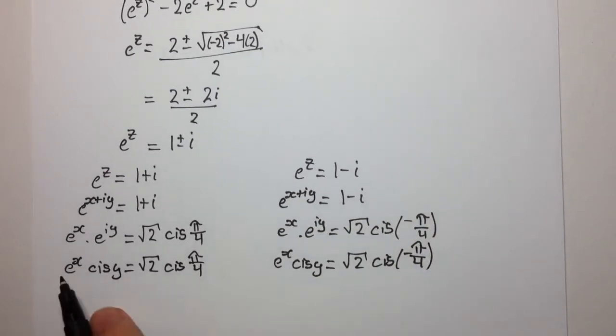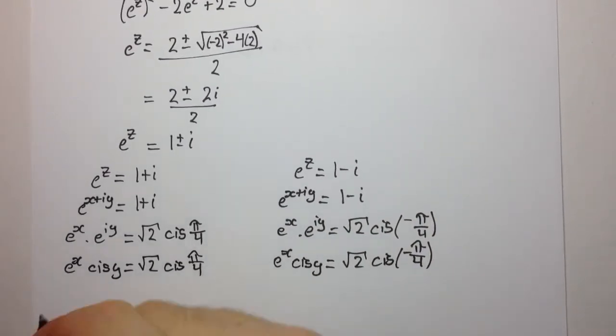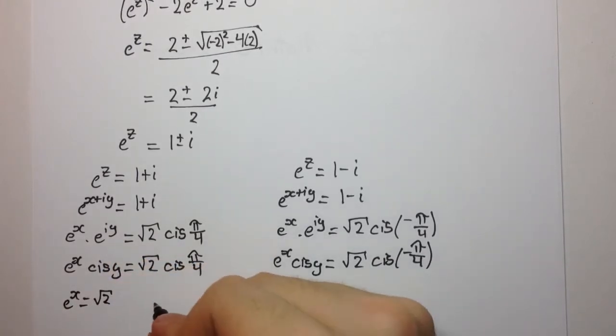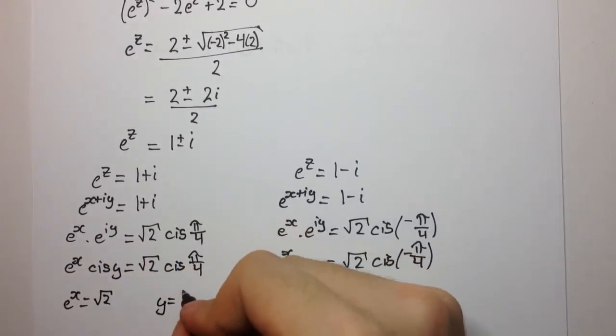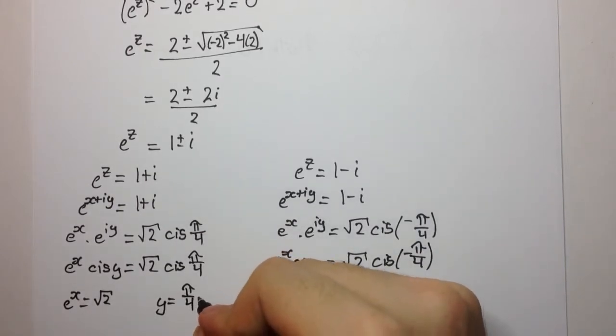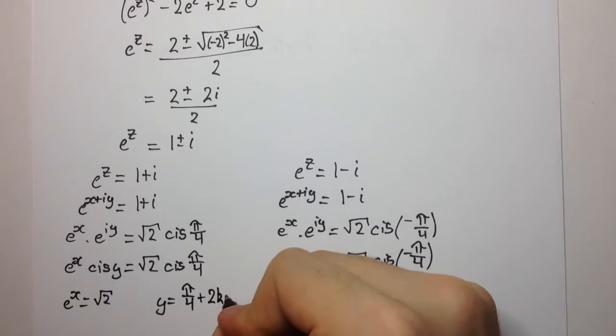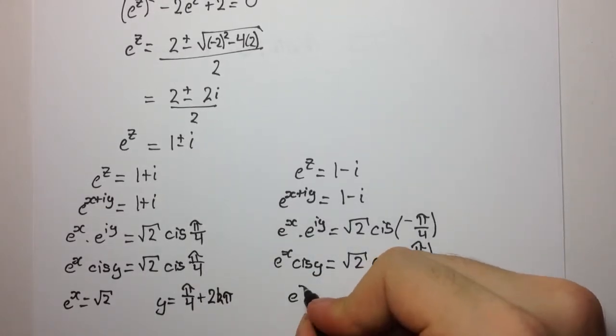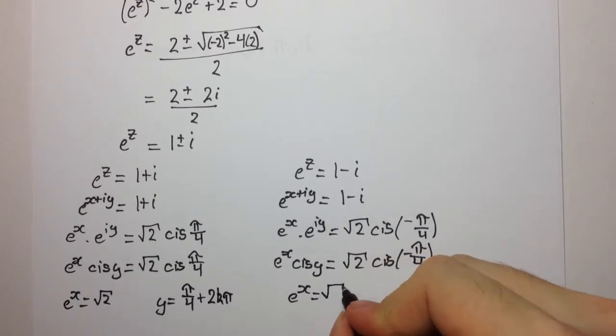Okay, and now we can equate our moduli and our arguments. So we're going to get e to the x equals root 2 and y equals pi over 4, but we can add integer multiples of 2k pi, and the same thing here, e to the x equals root 2.